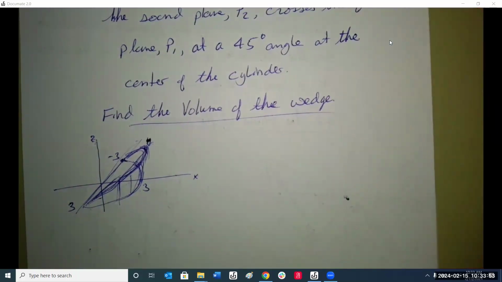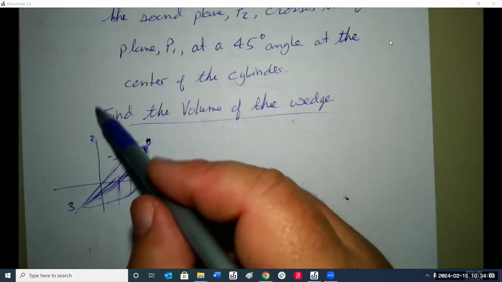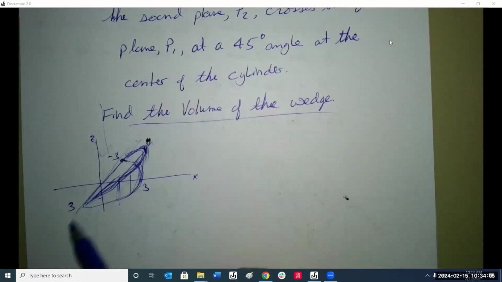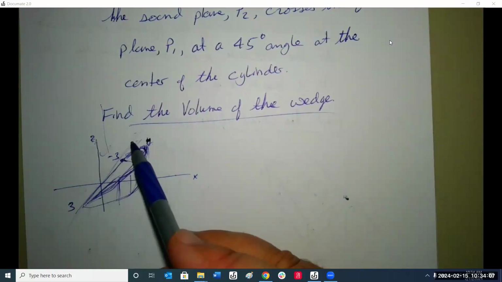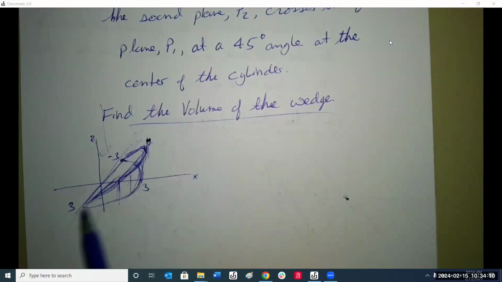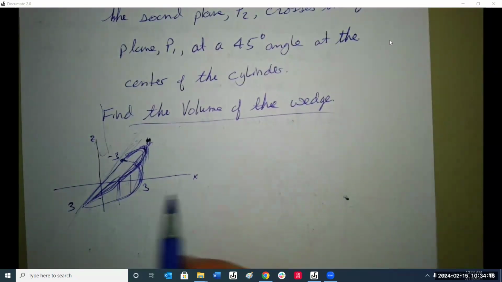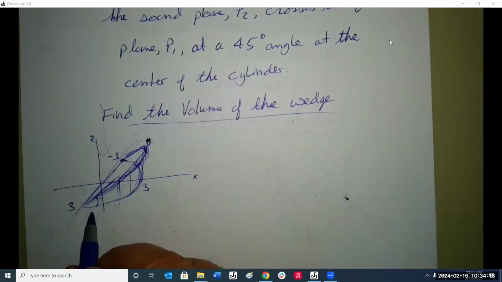It's a circular cylinder cut by 2 planes. So the first plane cuts down this way and cuts it in half this way. And the second one at a 45-degree angle. So that angle there is 45 degrees.